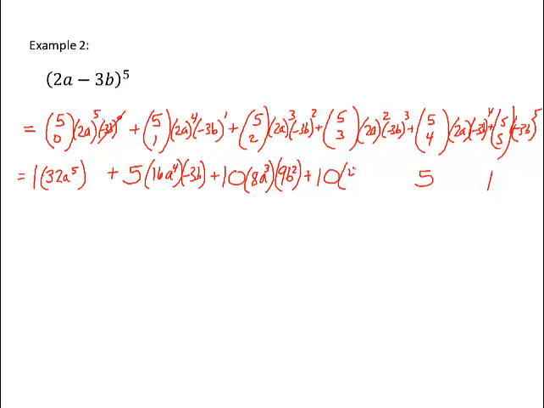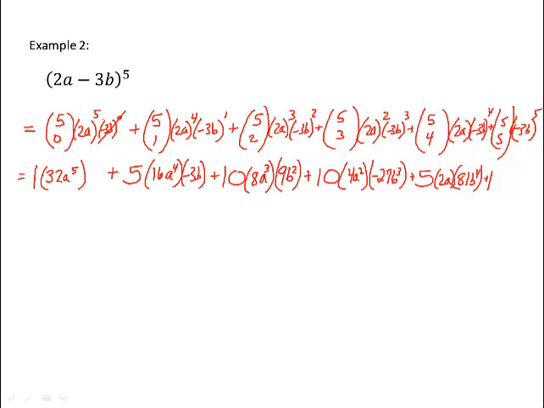2a squared is 4a squared. Negative 3 cubed is going to stay negative, so negative 27b cubed. Here we just have a 2a. Negative 3 to the 4th, that's going to go to positive 81b to the 4th. And now here we have negative 3 to the 5th.